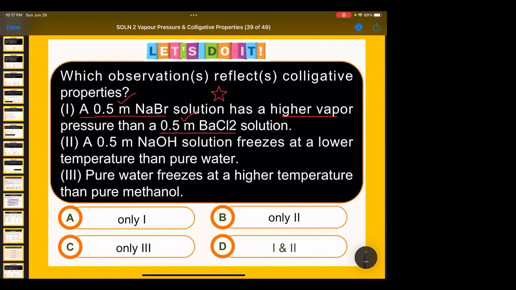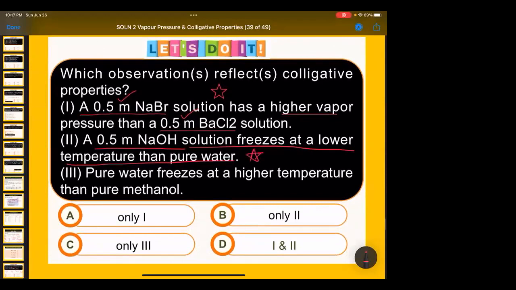Okay. The next thing is that 0.5 molar NaOH solution freezes at a lower temperature than pure water. Yeah, you are talking about a colligative property because it is a freezing point depression of the NaOH solution, due to the addition of NaOH solute. And pure water freezes at a higher temperature and pure methanol freezes at another temperature.